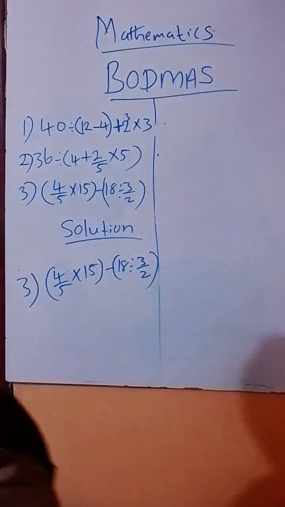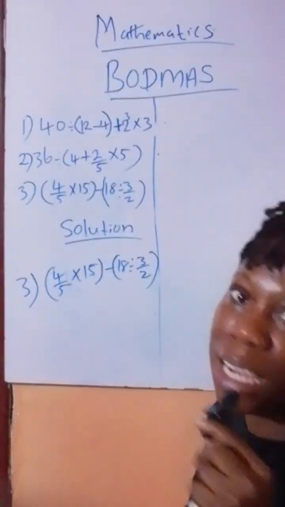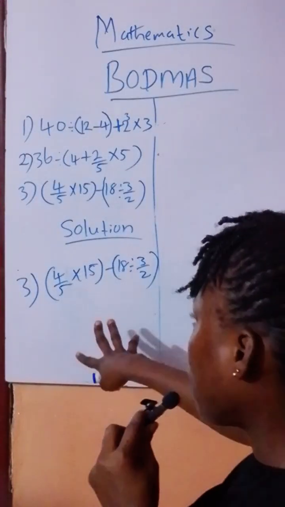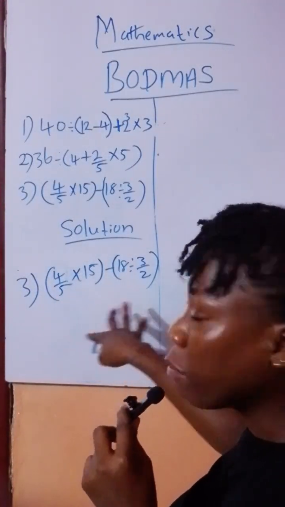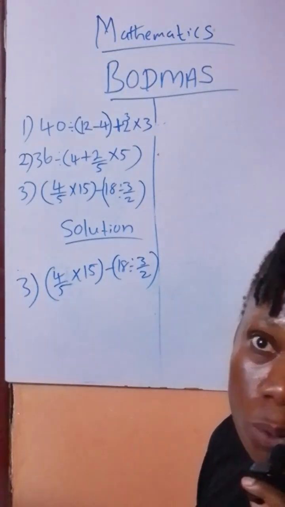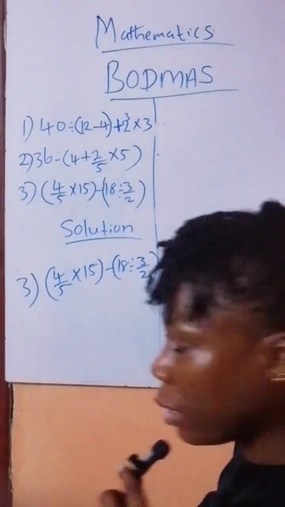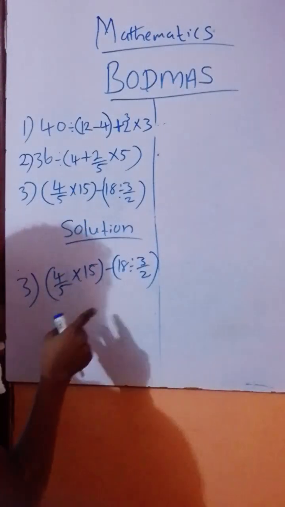Like I said before, in board maths we always solve the bracket, but in this case now the two have brackets, so we are going to solve the brackets one after the other. We'll start from solving this bracket first.